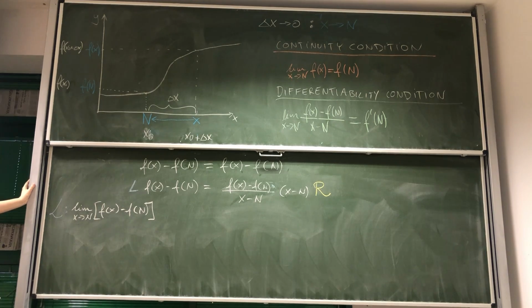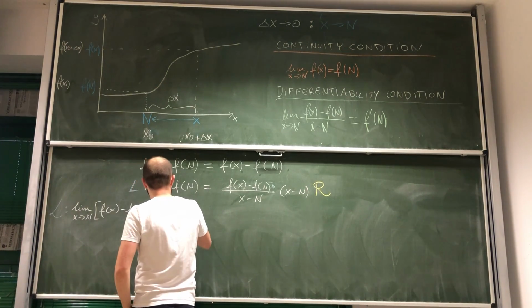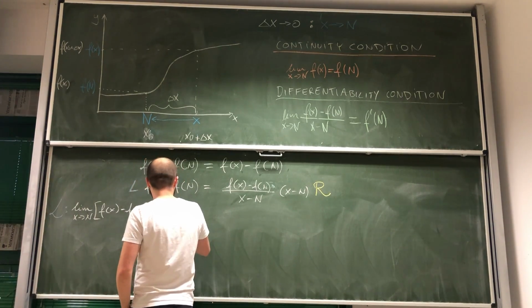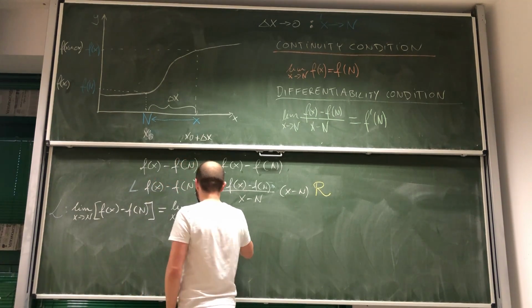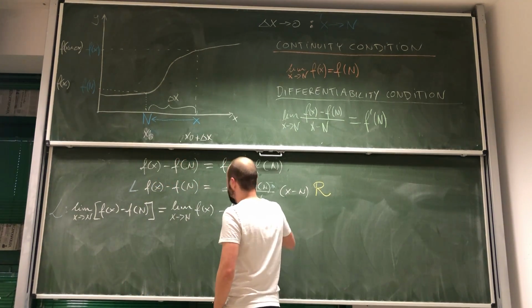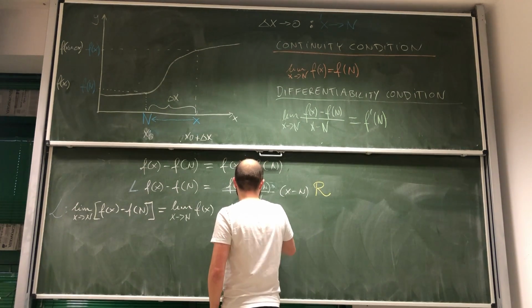Well, because we know some rules on how to deal with limits now, right? And we know that this is simply limit with x approaching n out of f of x minus limit with x approaching n out of f of n.